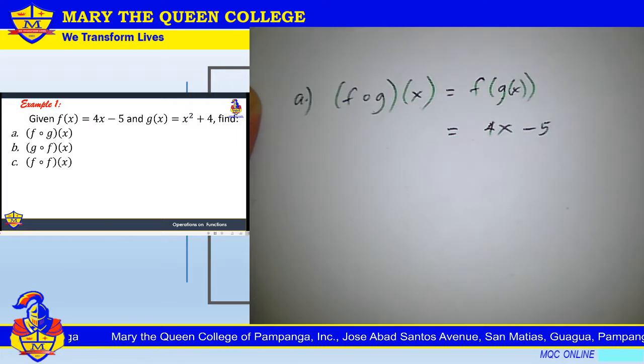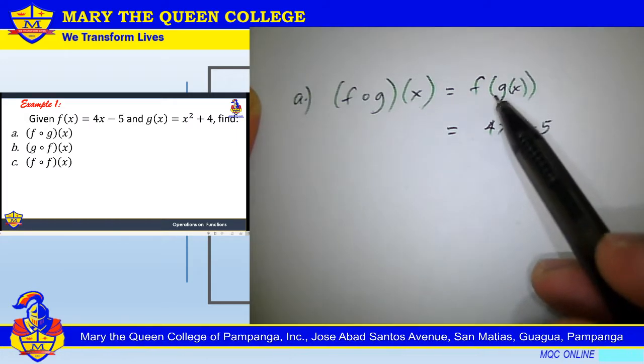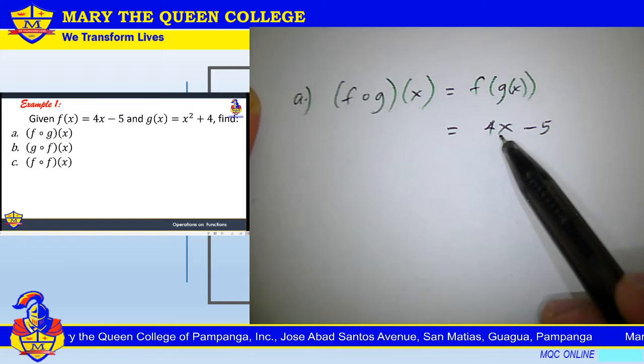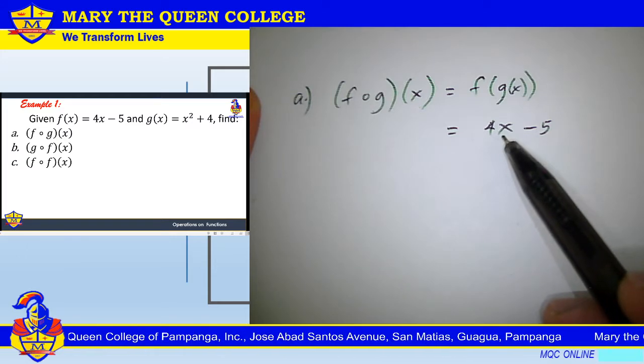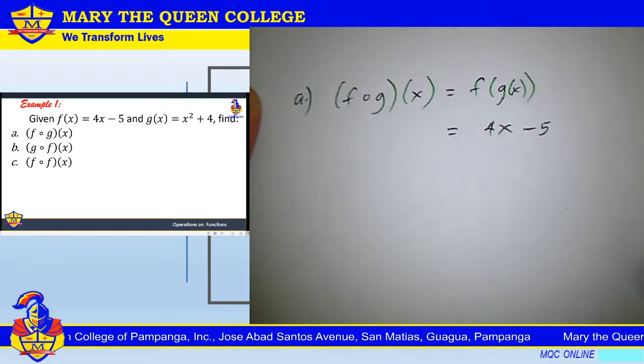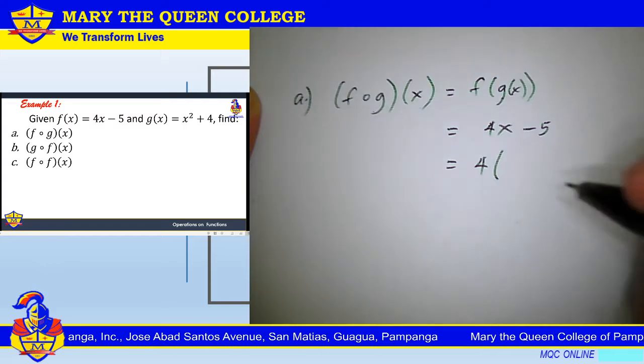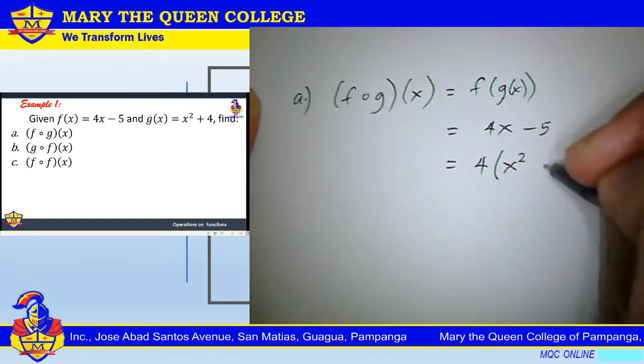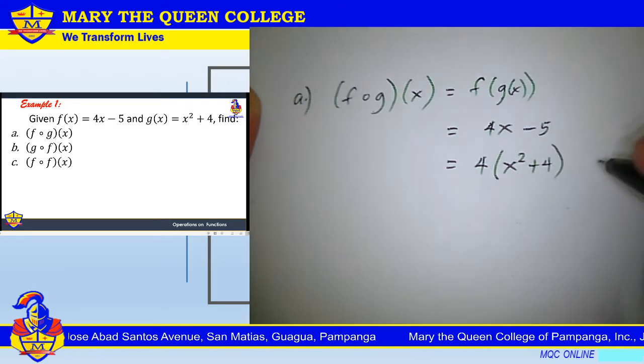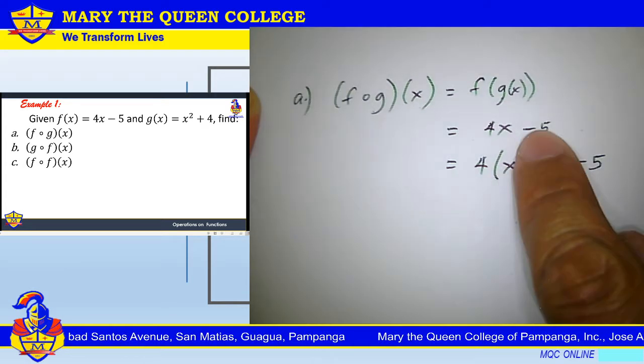So, kumbaga, kung ano yung sub-function, yun yung ipapalit dun sa variables natin. Dun sa ating main function, which is 4x minus 5.